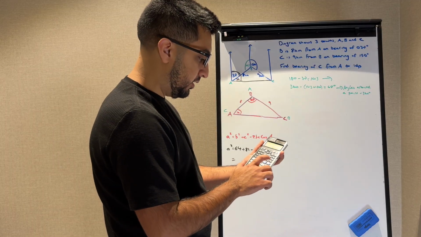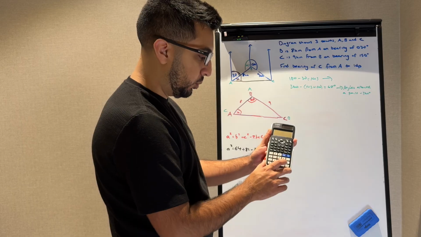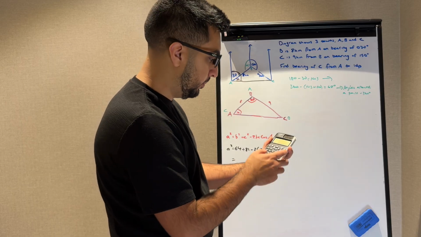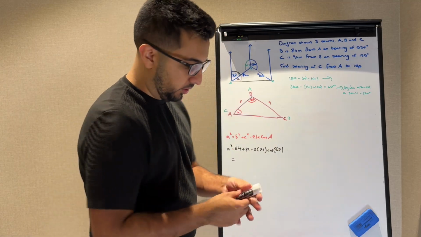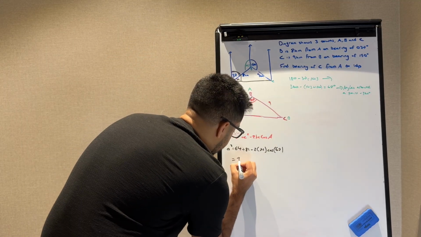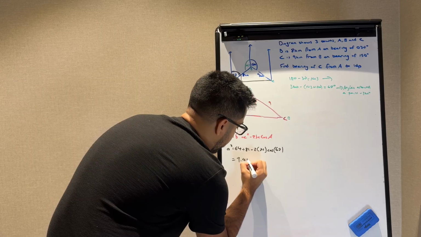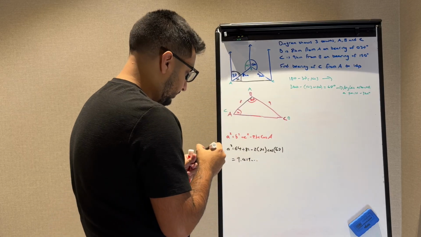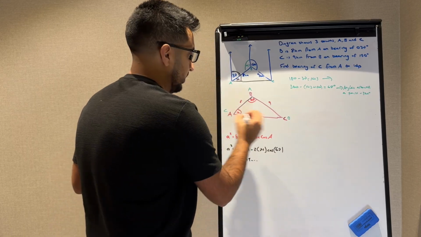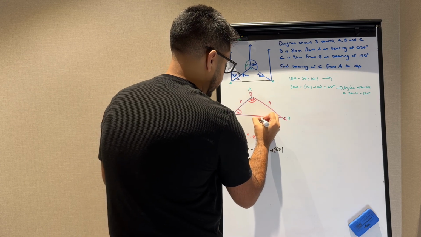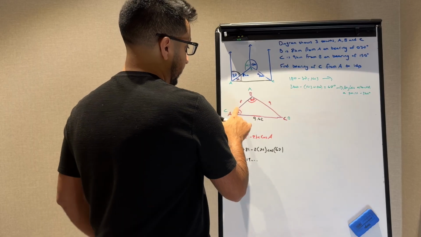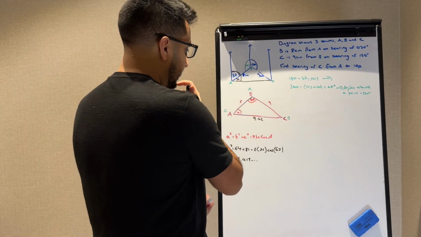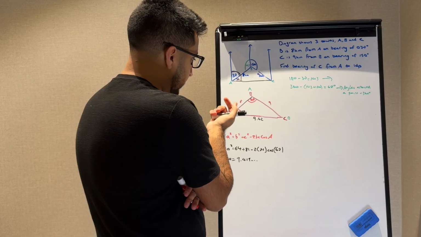Remember that's a squared, so we're now going to just click square root answer, so it gives us the whole form, and it gives us 9.4199. So I'll write 9.419... for A equals, so 9.42 for our diagram.